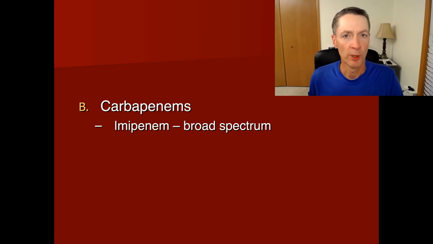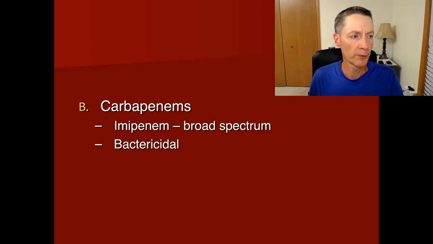Let's see, I've got some notes here. And again, some of these details about each drug are just for your information and just to make it more interesting. A lot of carbapenems are bactericidal. So this is another twist on this particular subgroup.